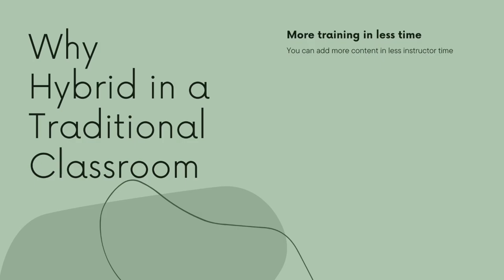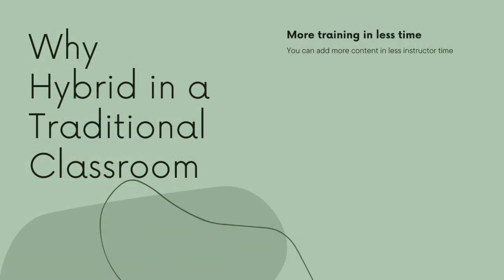That means there's got to be a lot more content in the course with less time. So how do we do that? Well, that's where the hybrid model starts creeping in, right? We've got some online lectures that they can attend, or some online labs that they can do in order to practice and do their homework. So in a traditional classroom environment, we're seeing this creep in.